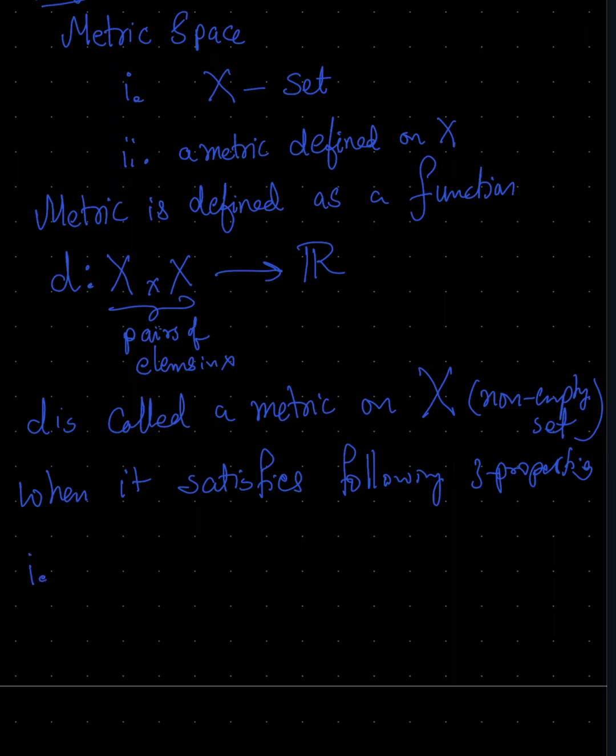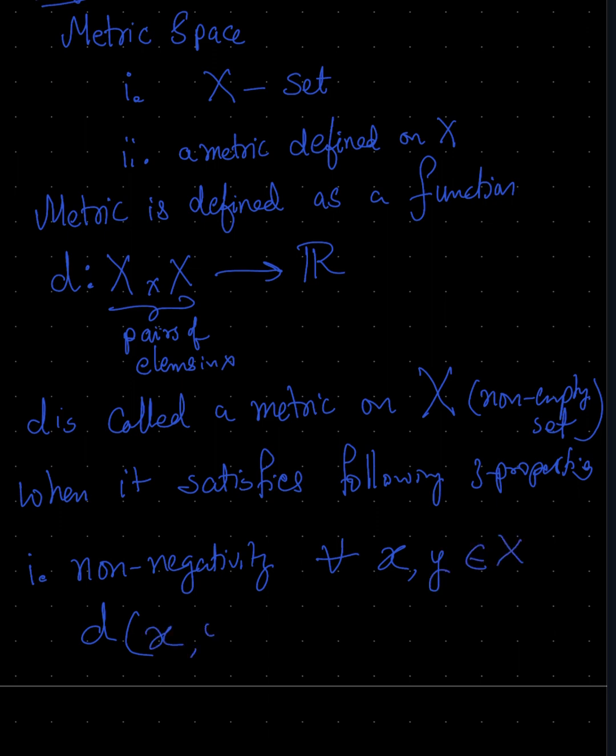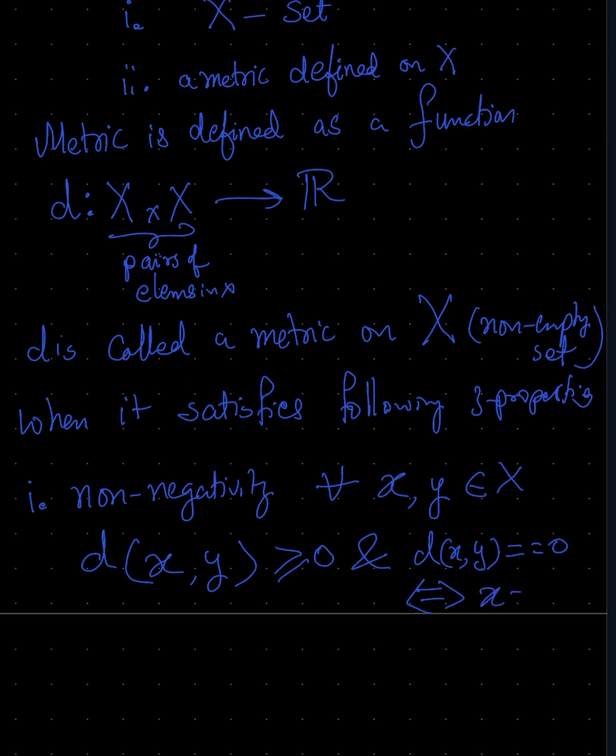The first property is what we call non-negativity, which says that for all pairs of points x, y in capital X, d(x, y) is always greater than or equal to 0, and d(x, y) being equal to 0 if and only if x and y are the same.